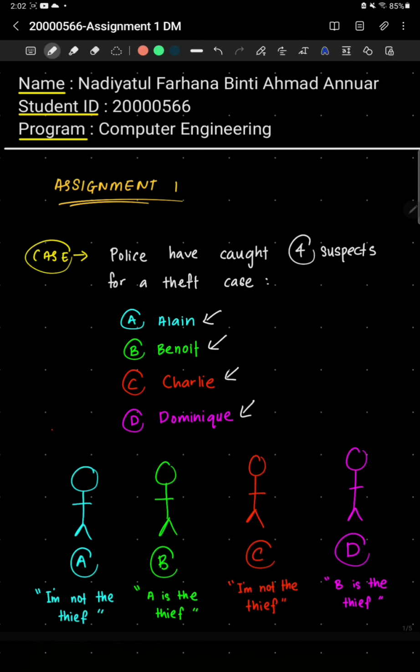I have differentiated them with different colors: Alain with blue, Benoit with green, Charlie with red, and Dominic with purple to pink, maybe I assume it as purple. I also denoted them with alphabets: Alain with A, Benoit with B, Charlie with C, and Dominic with D. So now we have 4 suspects, right?